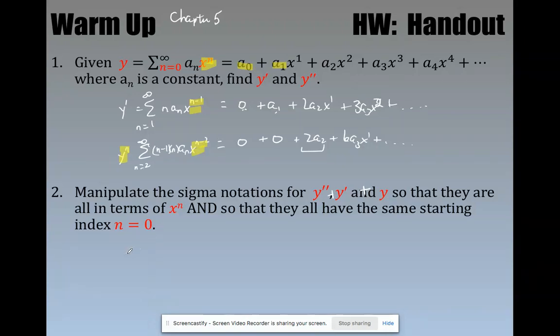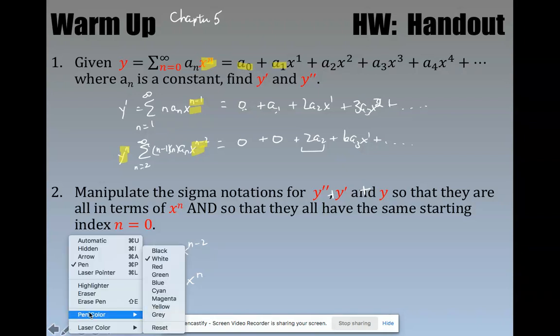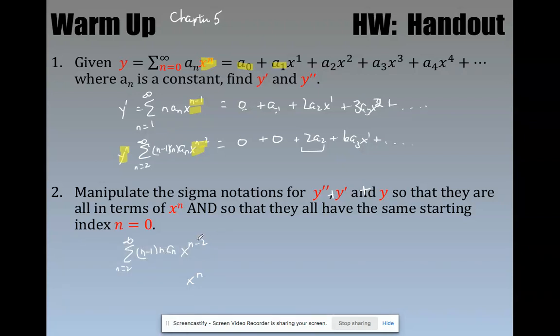So can you manipulate y double prime to be an x to the n? Again, I don't remember if you did this in pre-cal, but if not, I'm going to tell you how.